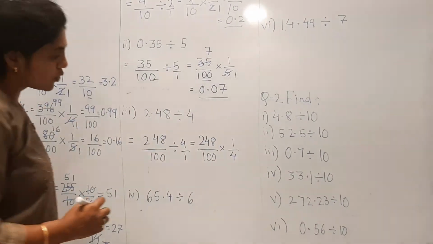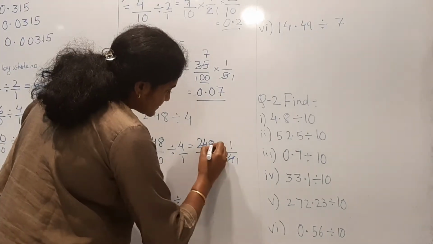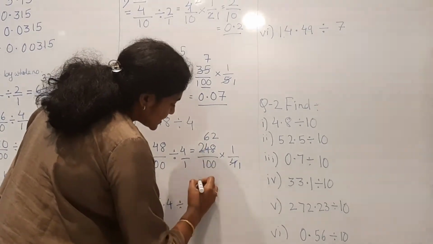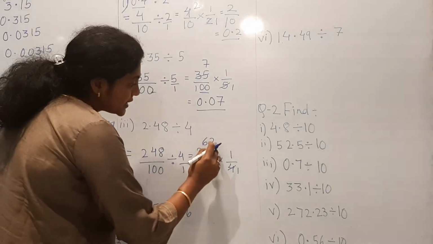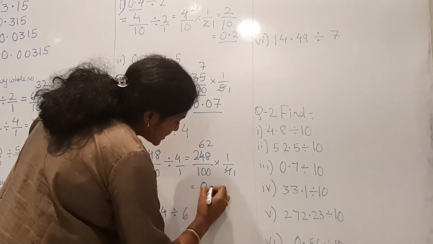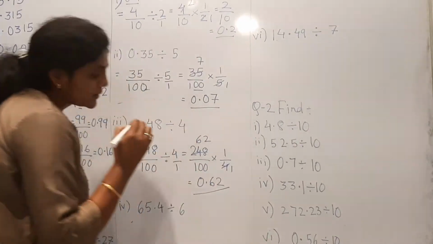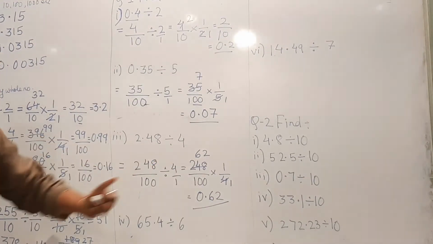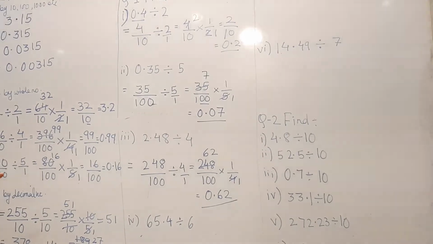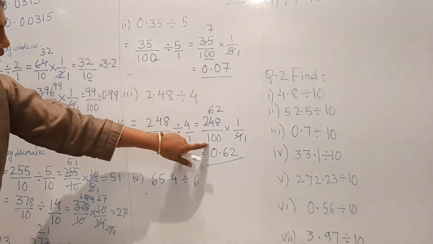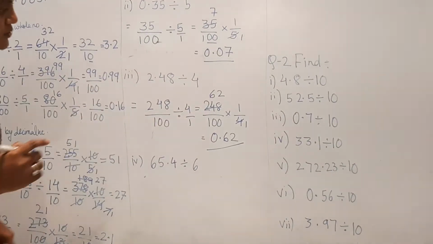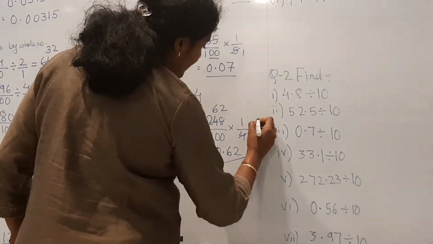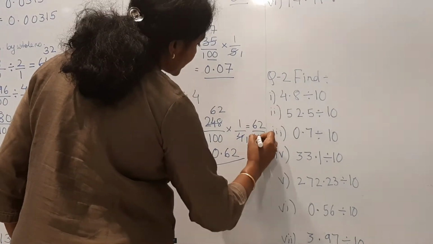So this goes by 4 directly. So this is 62 by 100. Before 2 digits, the point will be placed. 4 6s are 24, 4 2s are 8. This is your answer. 62 by 100 means before 2 digits. If you want, you can add one step, 62 by 100.